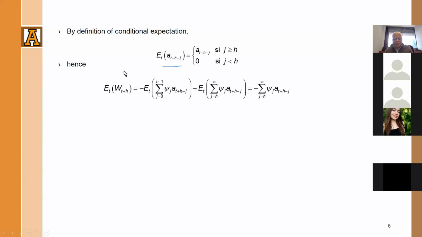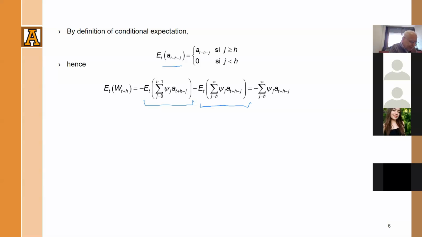So we know that. Then the expected value conditional on t of W_{t+h}, which is what we will observe in the future, we express as the expected value of the two sums that we already saw. The first is the sum from j equal to 0 to h minus 1 of psi_j a_{t+h-j}, and the second is the sum of psi_j a_{t+h-j} for the rest.